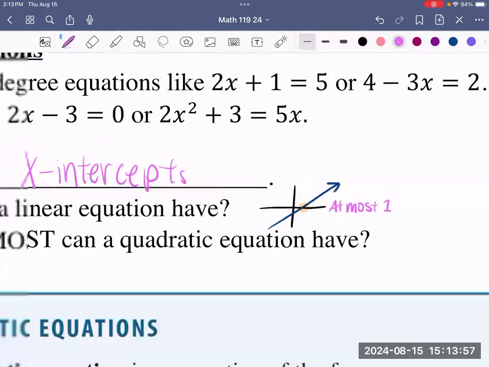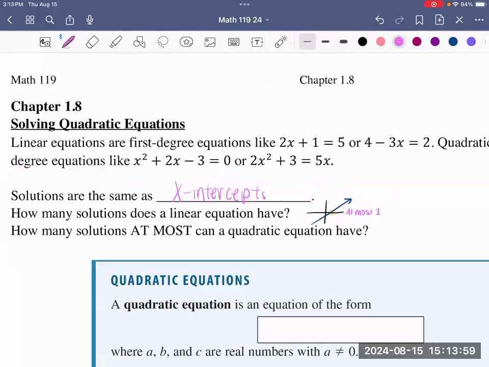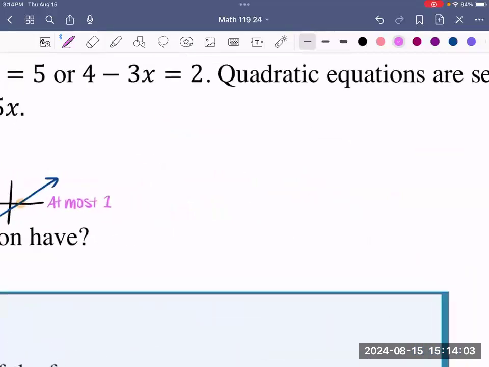Now, what about a quadratic equation? At most, how many solutions could there be for quadratics? Well, if we just draw our parabola, at most it can have 2 solutions.